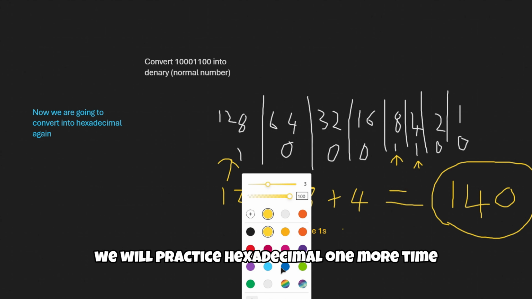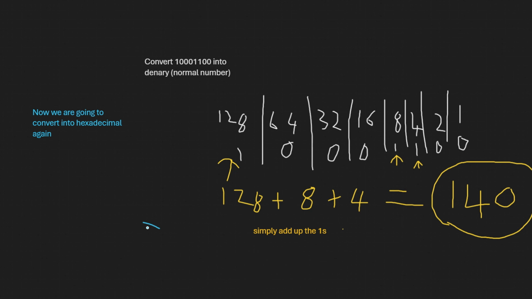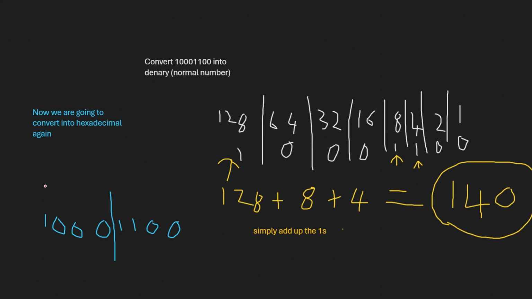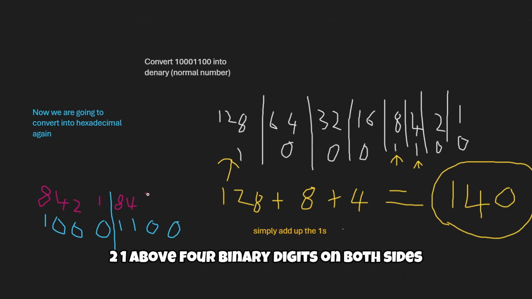We will practice hexadecimal one more time. Put 8421 above 4 binary digits on both sides.